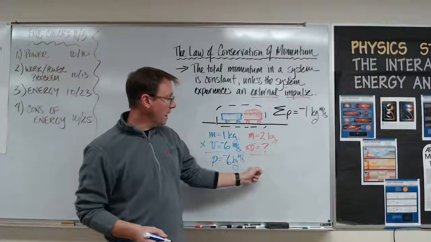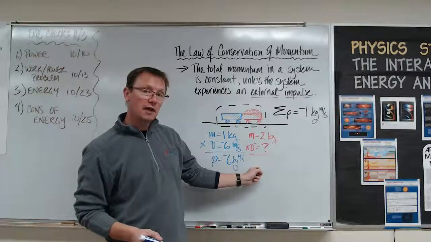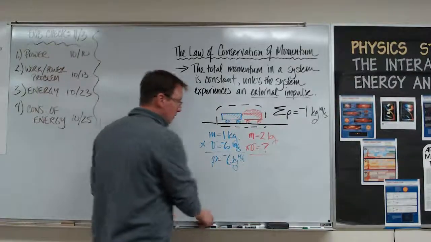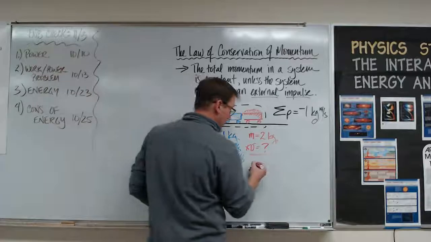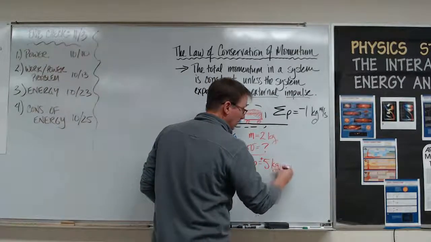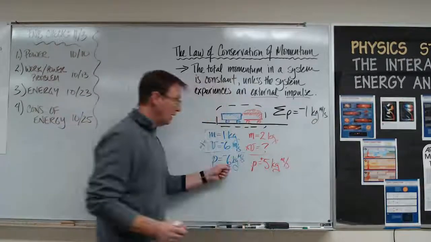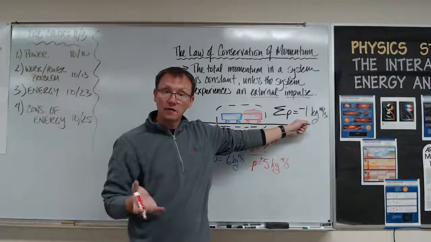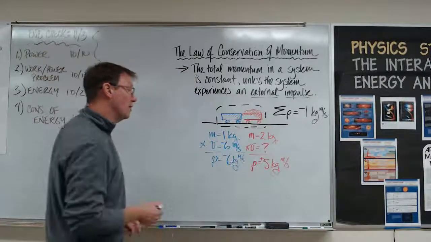So what do I have to add to -6 to get a -1 answer? The answer, I hope you can see right away, is +5. So if I get +5 kilogram meters per second here, -6 plus +5 gives me -1, and that then satisfies the law of conservation of momentum.